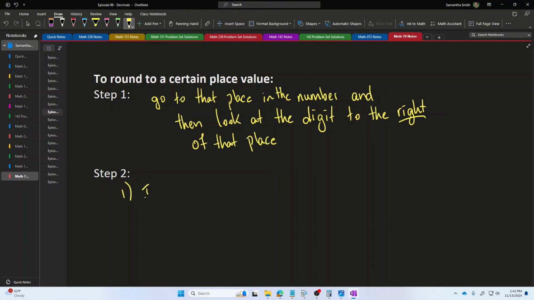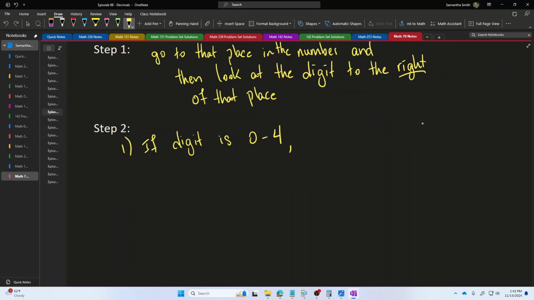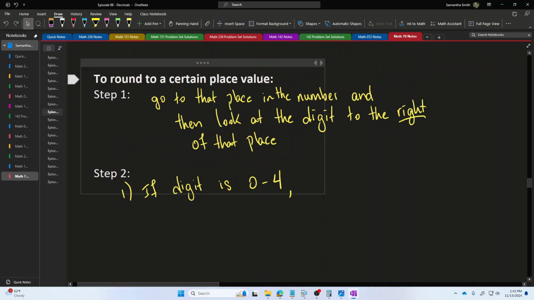If the digit is anything between 0 and 4, we simply cut off all the digits to the right of the place value that was given to you in the question.